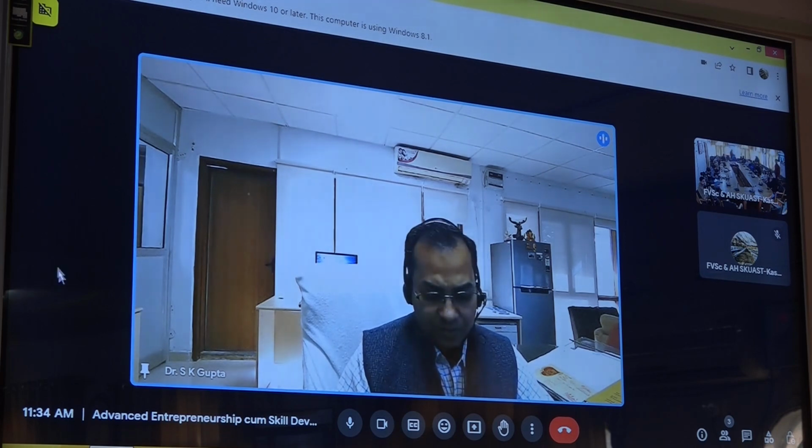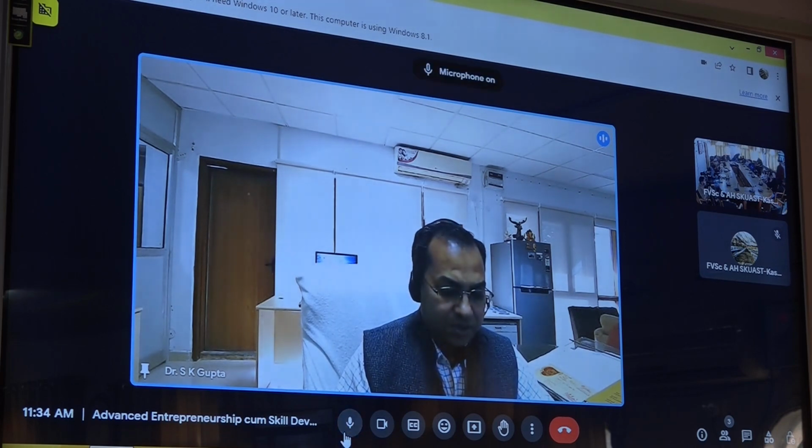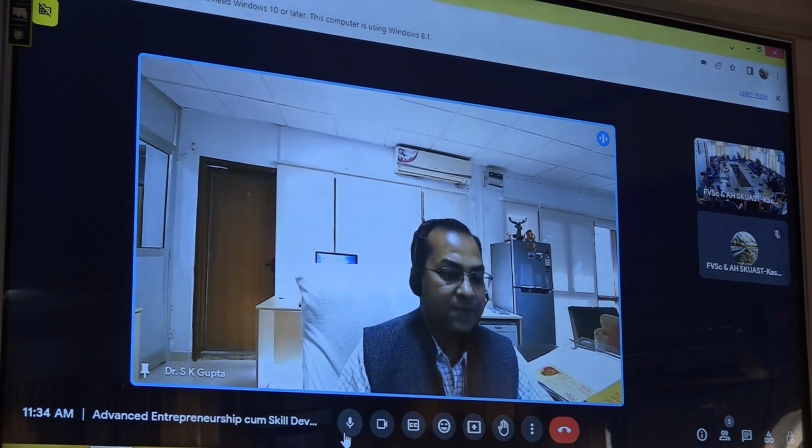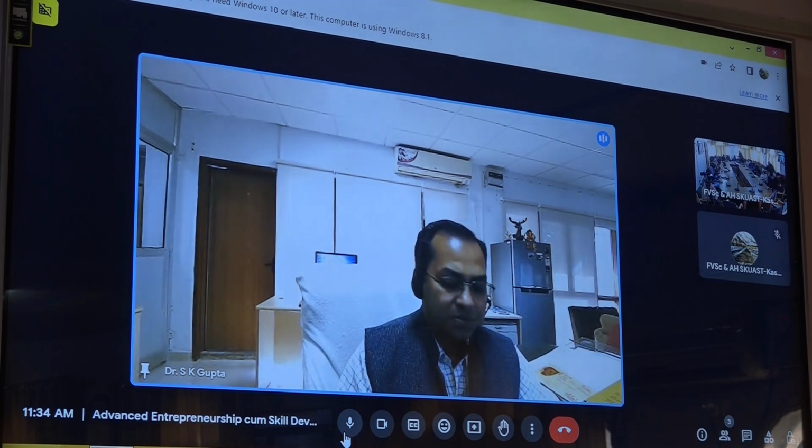So before going into detail of Pashmina and other wool identification, I'll briefly give you some glimpses of wildlife forensics, how it is being done.